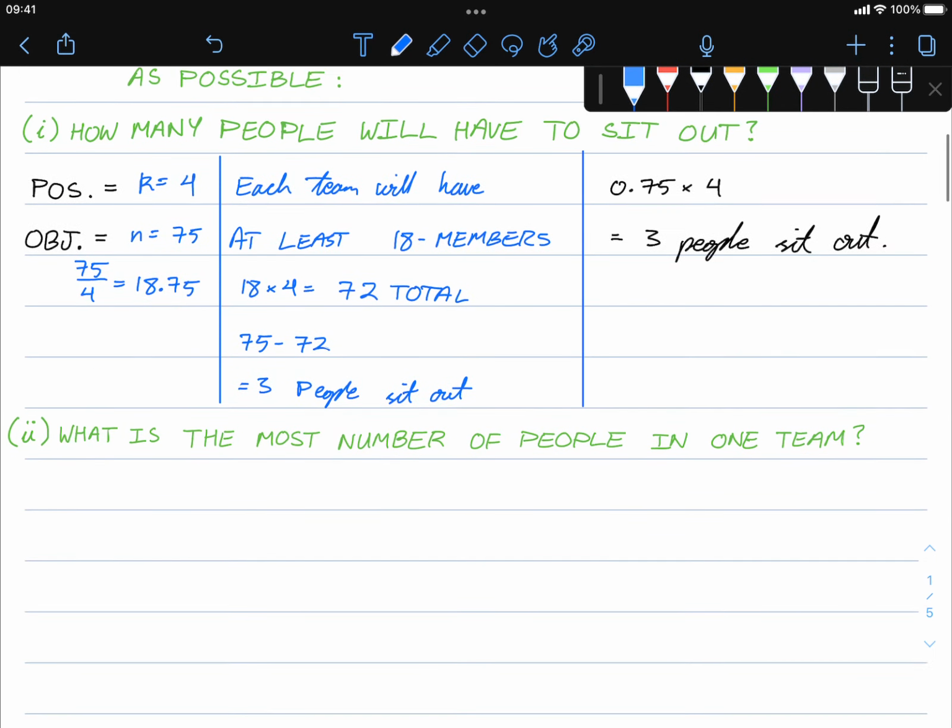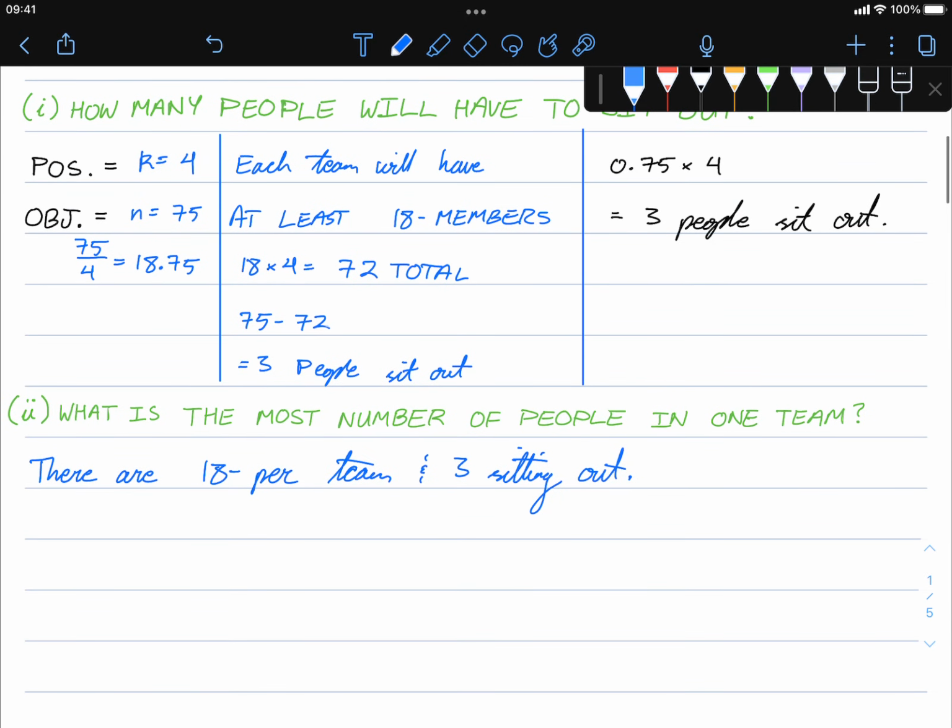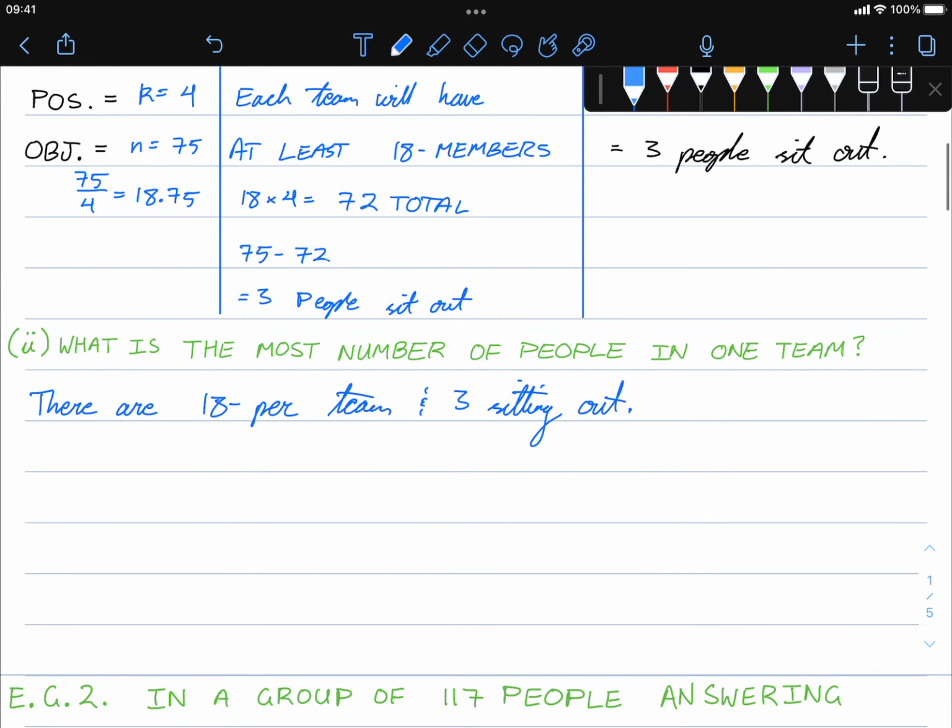Well, since there are already 18 per team and 3 sitting out, if we're to keep this as equal as possible, we could place those 3 people onto 3 teams. So no need to write this out too much. We can just have this as one answer.